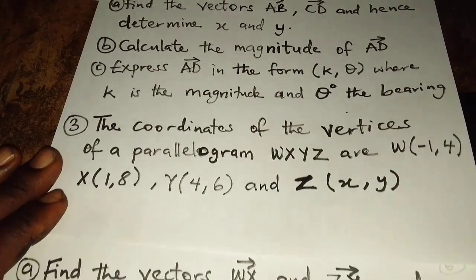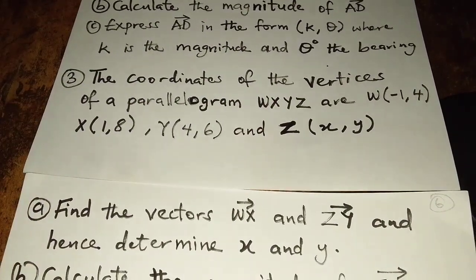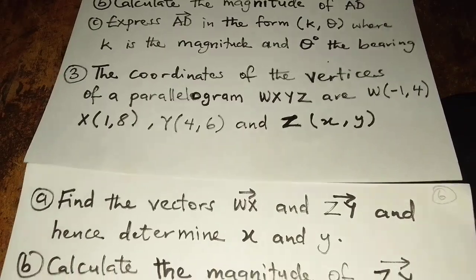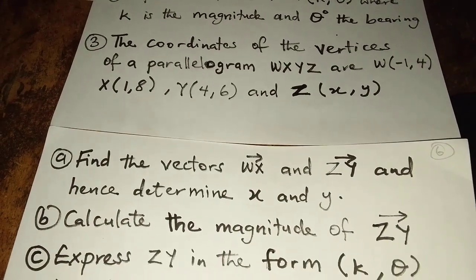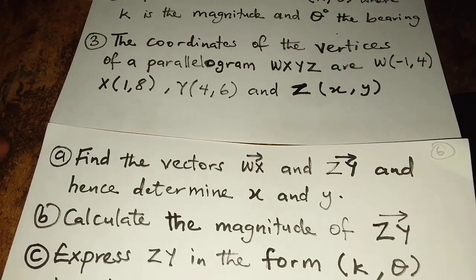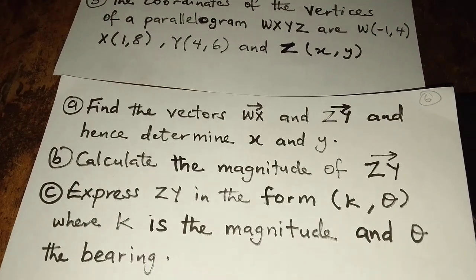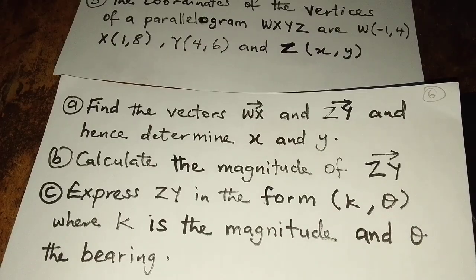Then you are now told A, find the vectors WX and ZY, and hence determine x and y. Then B, calculate the magnitude of ZY. C, express ZY in the form k theta, where k is the magnitude and theta the bearing.